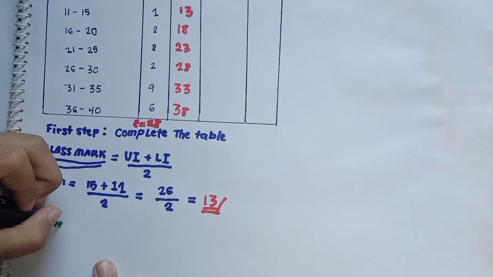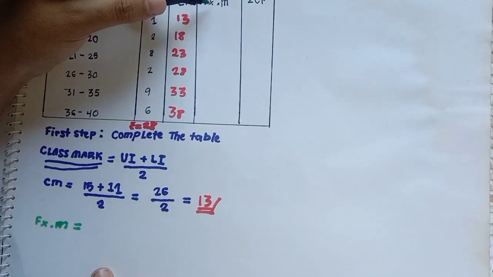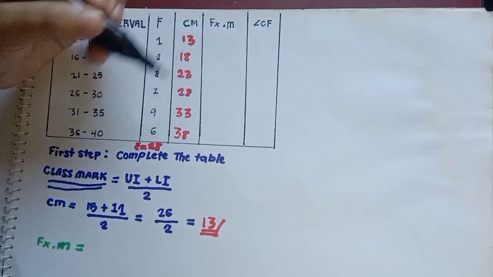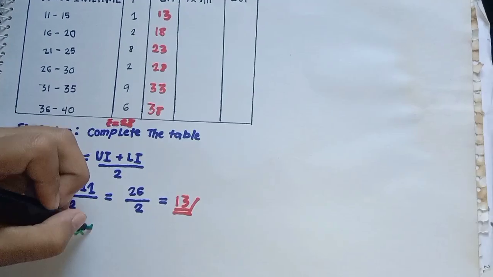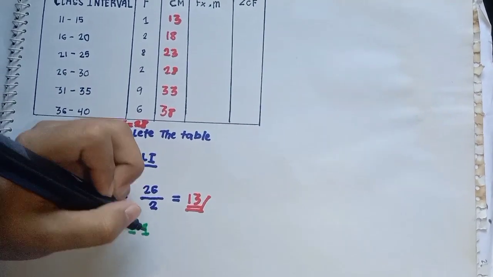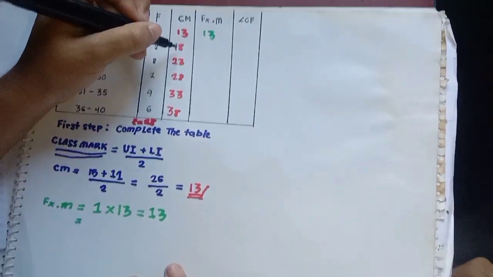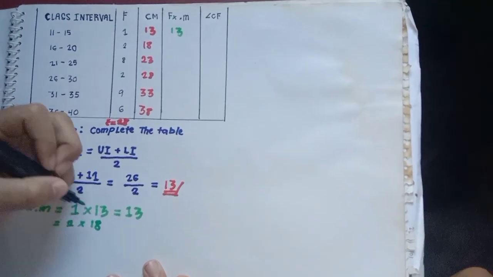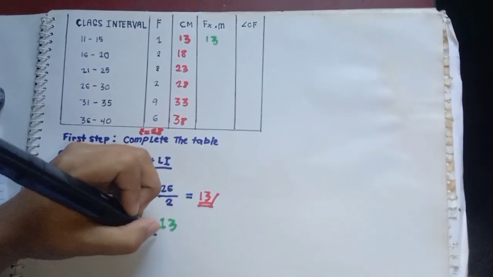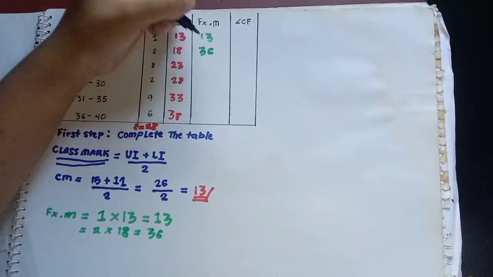So fx will be equal to 1, which is our first frequency, multiplied by our first class mark, which is 13. 1 times 13 will be 13, and then our second class interval frequency is 2, and we can multiply it by our second class mark, which is 18. 2 times 18 will be 36, and so on and so forth.